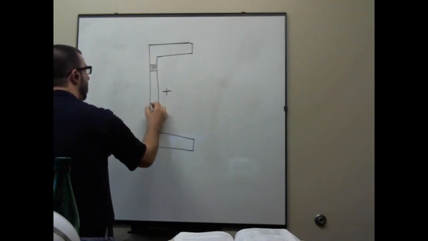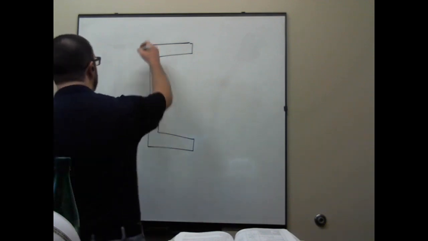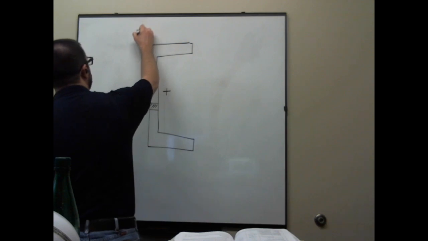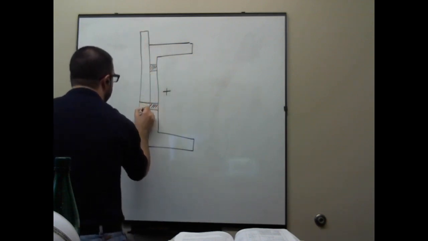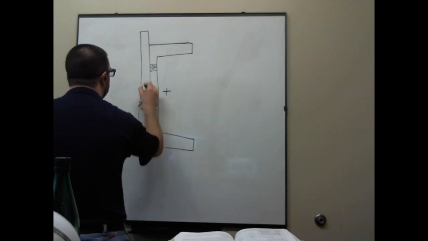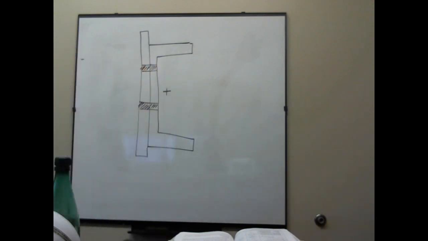So let's just say here's the bolts going through the web. Now think a little bit further ahead: what is this thing going to be connected to? There's probably going to be some plate out here that it's connected to, and those bolts are going through the channel, right? It's got to be connected to something.